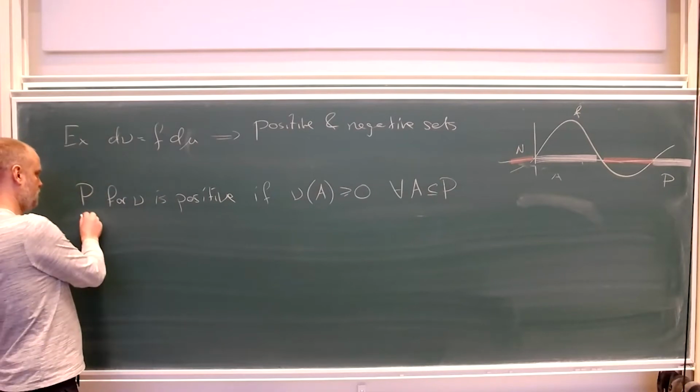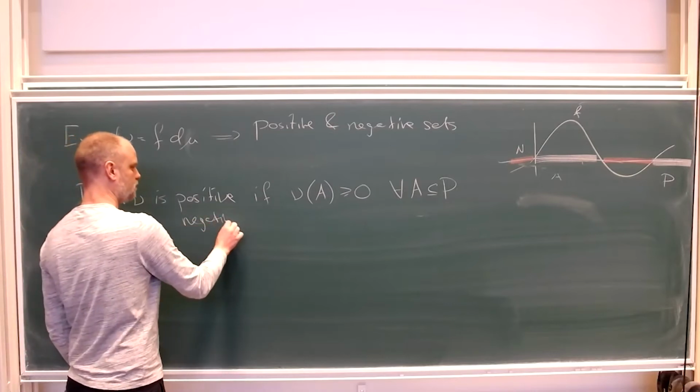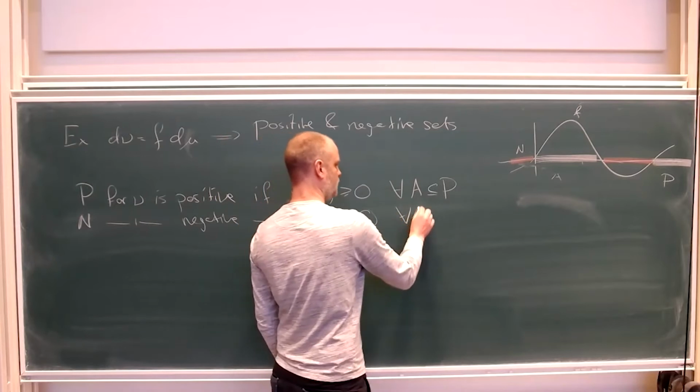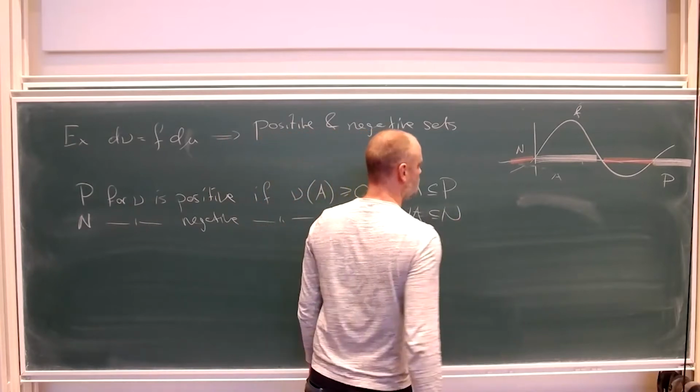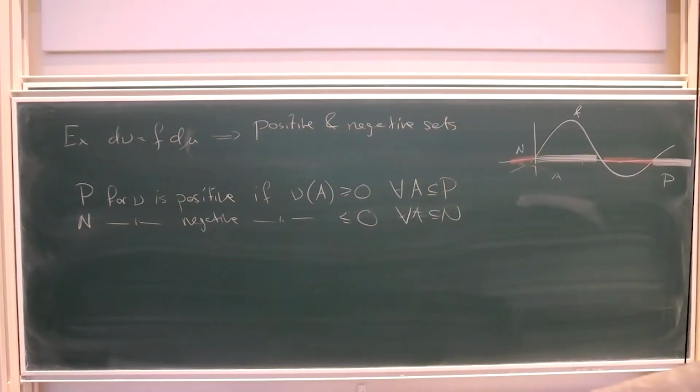And then N is negative if, and it's the same thing, we just flip the inequality. All right, so that's one thing that we get easily for this particular type of measures.